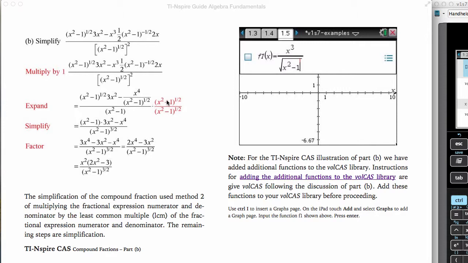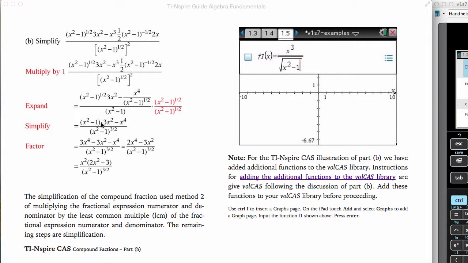So we're going to have to take this times the first term, and we're going to have to take this times the second term. Well, the second term, of course, is the easiest one because this cancels out and you just end up with x to the 4th. And times the first term, this is 1/2 and this is 1/2, so we're going to add the exponents and get 1.